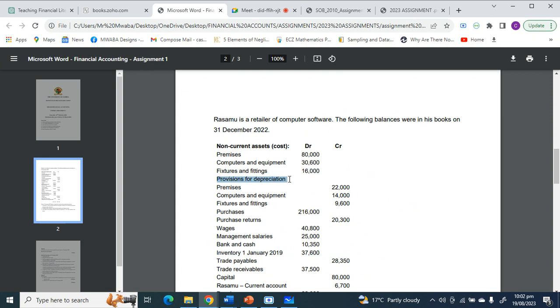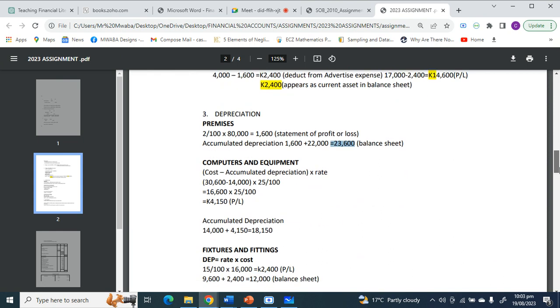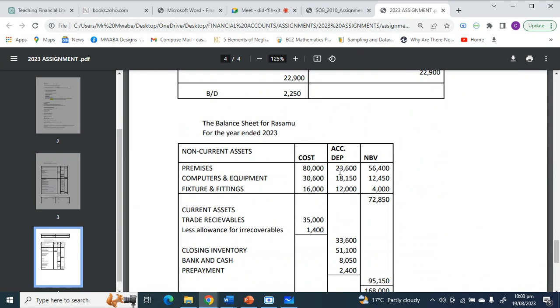Provisions for depreciation, also called allowance for depreciation, also called accumulated depreciation. So premises, it was 22,000. Then this year there was a depreciation charge of 1,600. So you say 22,000 plus 1,600, you get your 23,600, which is here for premises.